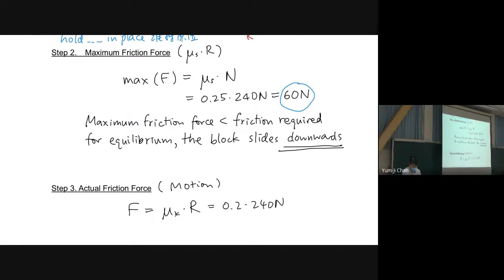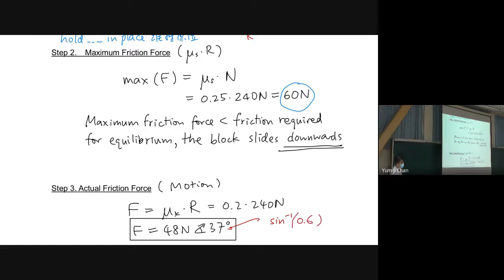And F is equal to 48 newtons times sine of the angle, which is 0.6. And this is how we work out a problem with friction.